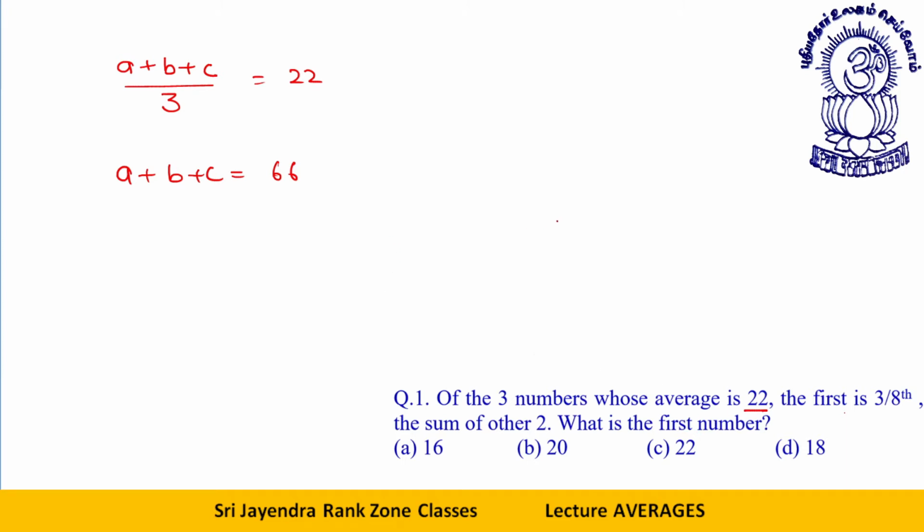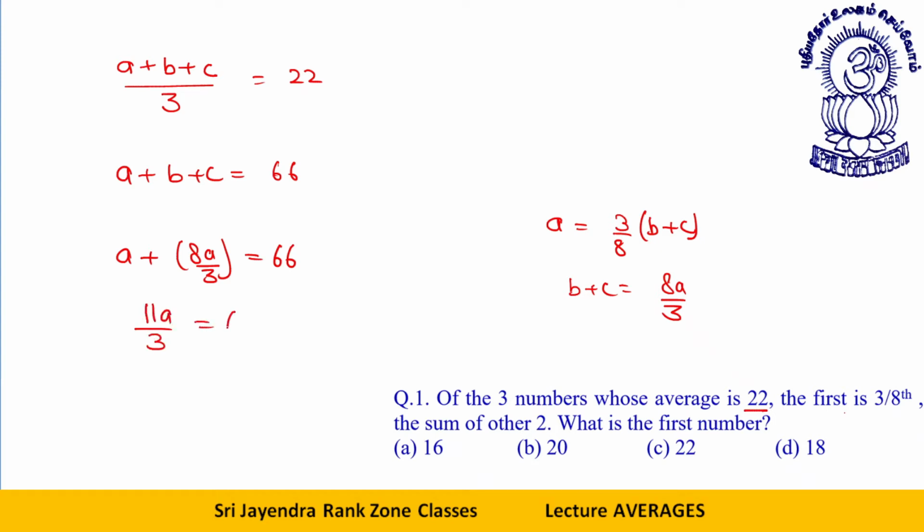Look, it is given to us A is equal to 3 by 8 of B plus C, or I can say B plus C is equal to 8A by 3. That way A plus 8A by 3 is equal to 66, or I can say 11A by 3 is equal to 66.